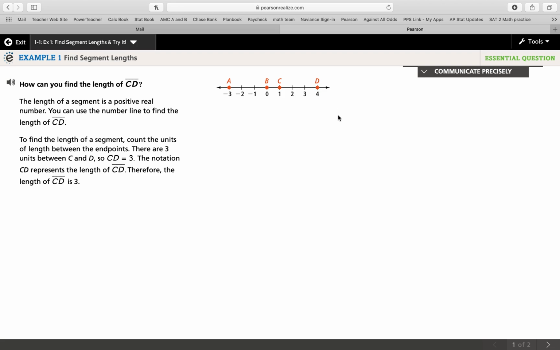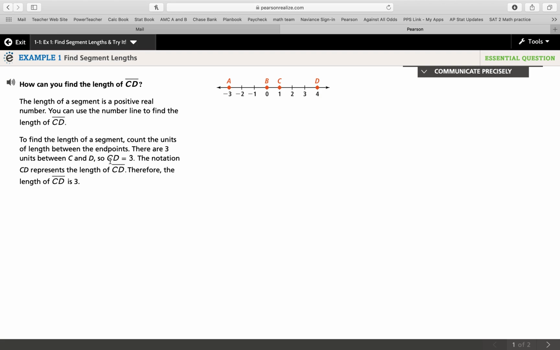Now the important part of this topic is not that you can count from 1 to 4, it's that you know how to write this as an answer. So line segment CD is written as CD with a bar above it. However, when we start talking about measurements, you don't have to put the bar above it.